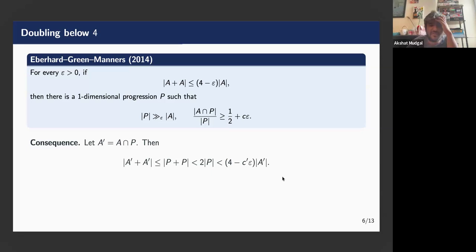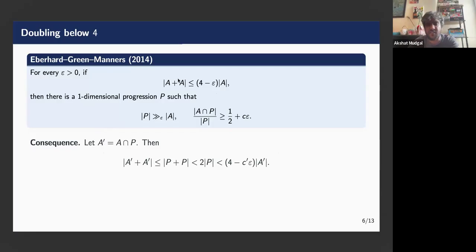For me, this was really cool. You start with your doubling being 4 minus epsilon, you find a large subset A prime, which for very trivial structural reasons, the fact that it has density half on a progression, satisfies that its doubling is at most 4. So this is kind of optimal. So we have an answer to Ben's question.